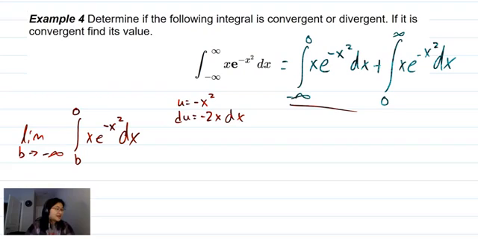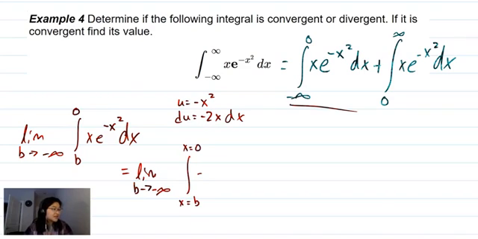So then we can write this as limit as b approaches negative infinity of, and I'm going to leave these in terms of x's, x equals b, x equals 0 of, let's see, negative 1/2 e to the u du.